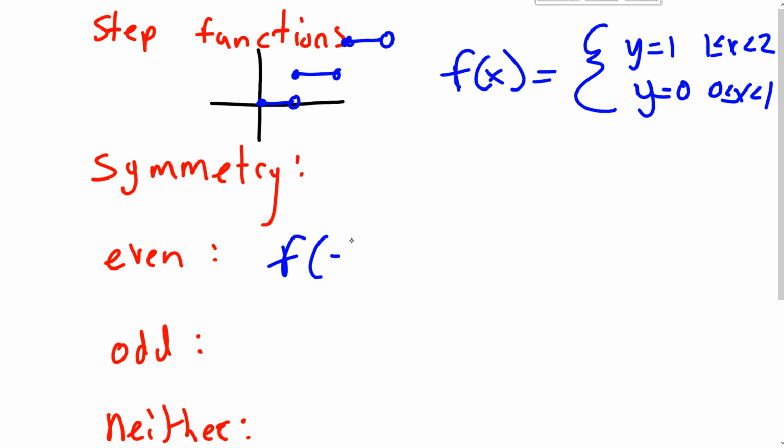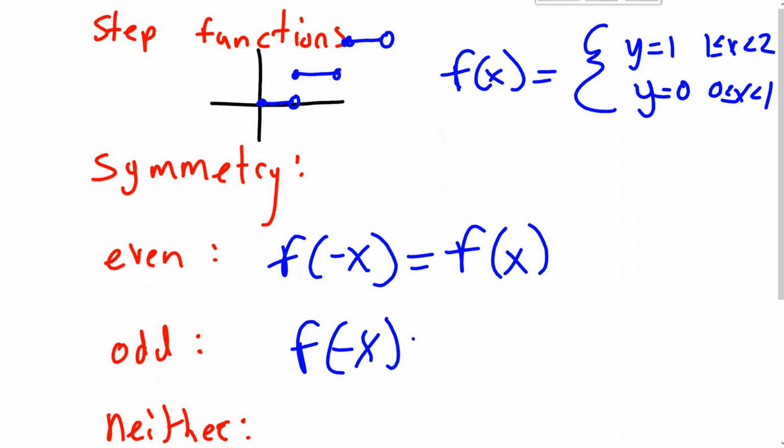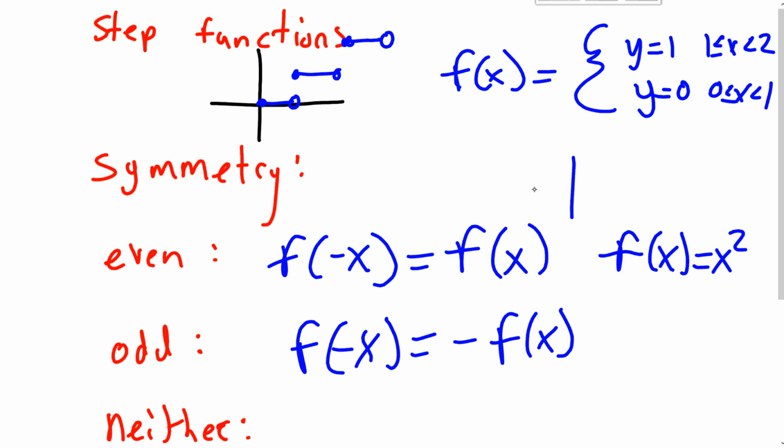Okay, symmetric, if it's even, that means when I plug in a negative x, I would get the same answer as just plugging in x. That's an even function. An odd function is when I plug in a negative x into my equation, I would get negative f of x. So the classic examples for these is f of x equals x squared, quadratic, because it's balanced on both sides, right?